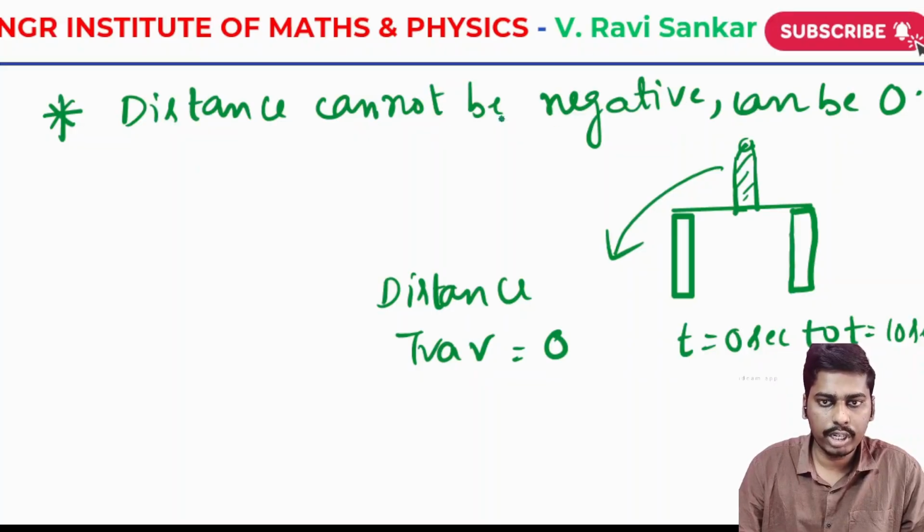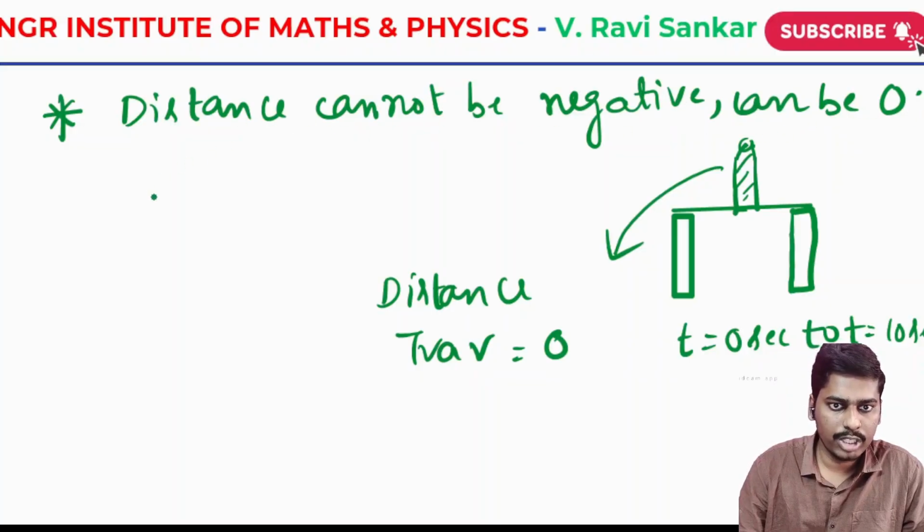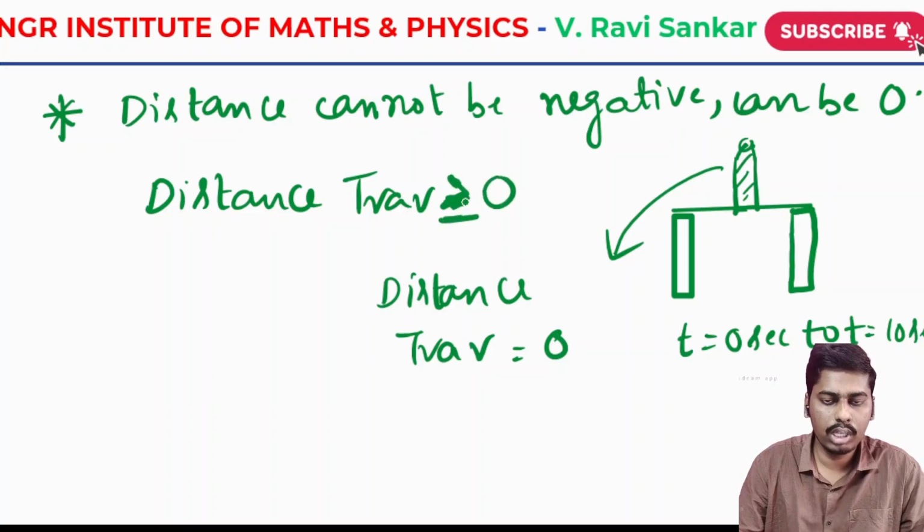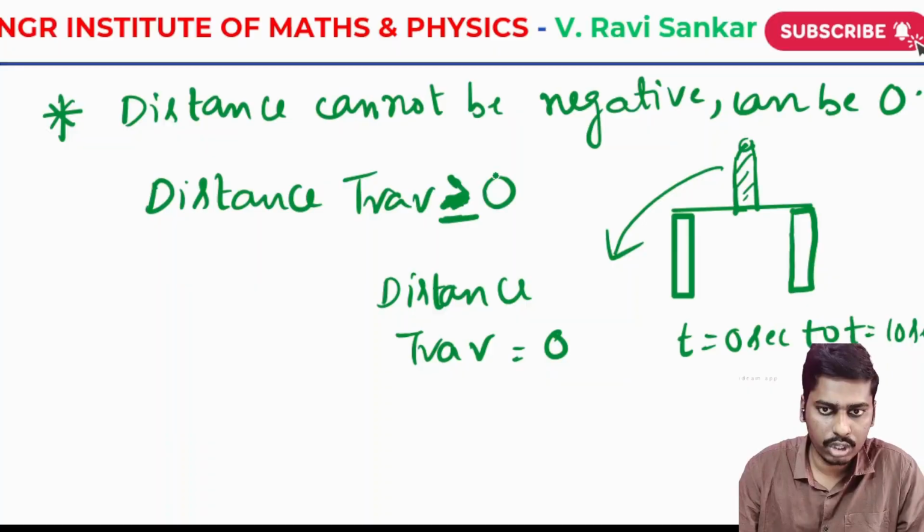But it cannot be negative. The distance traveled value can be 0, or it might be positive, but it cannot be negative. That is the one most important thing we need to remember.